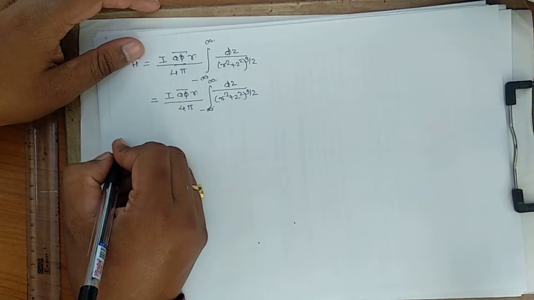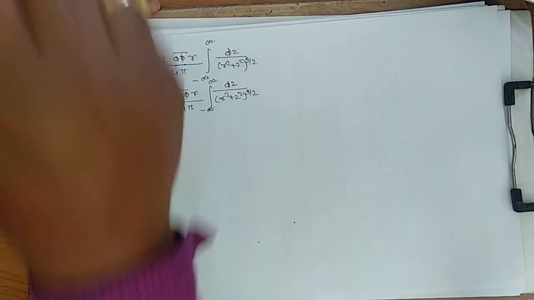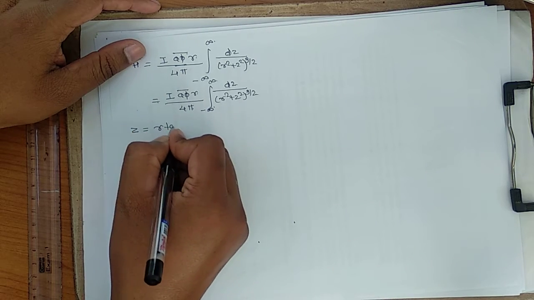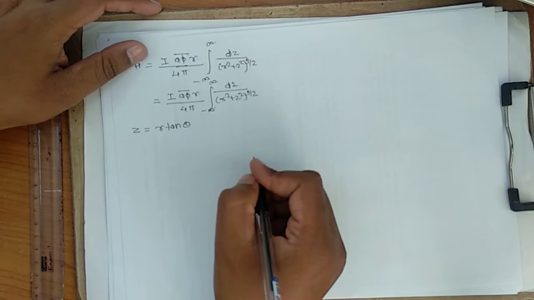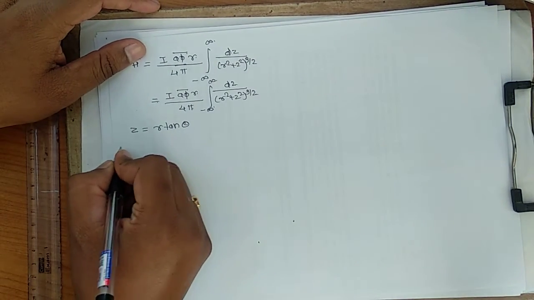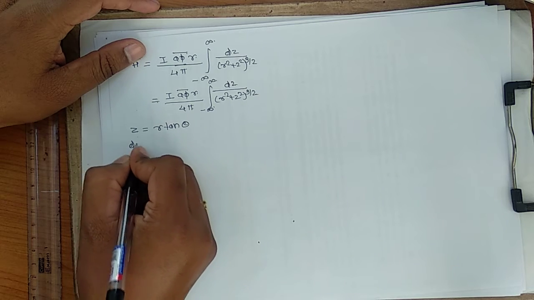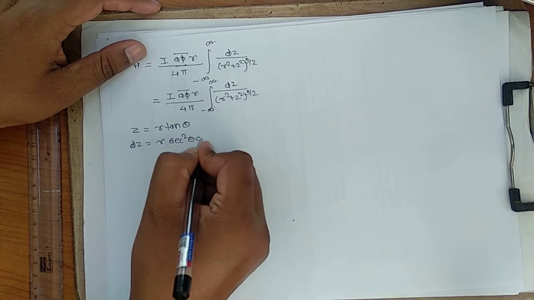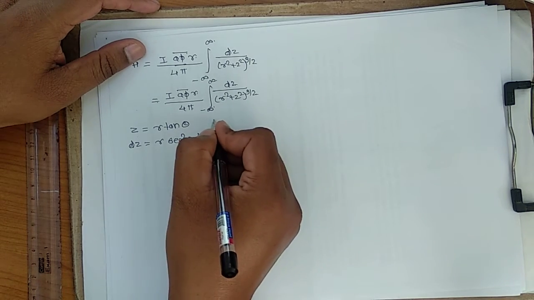Now we have to make some changes. We put z = r tan θ for simplification. This is the mathematical part, so we have to simplify this. We take the derivative with respect to θ, so dz = r sec² θ dθ. We have to change the limits.